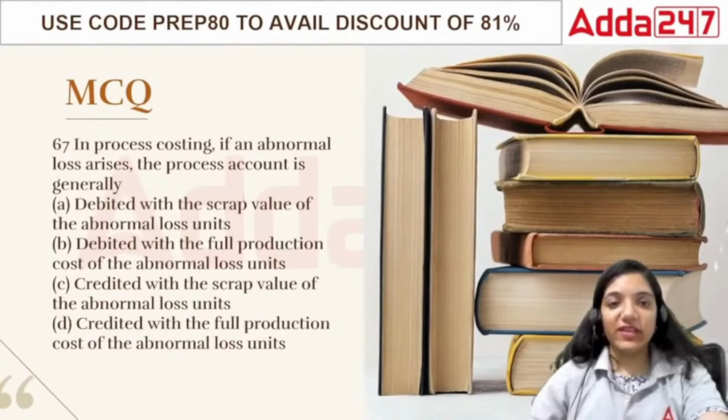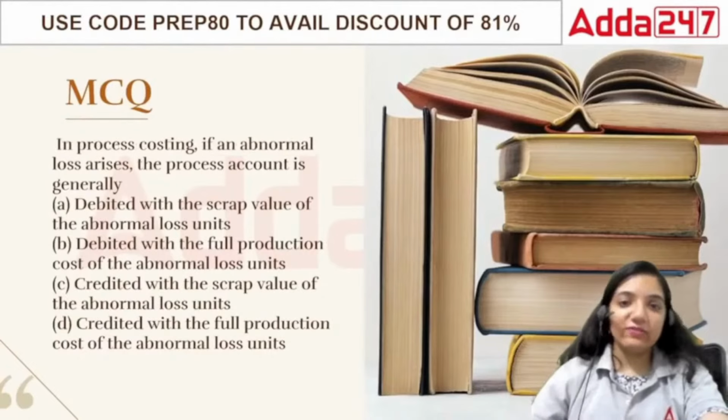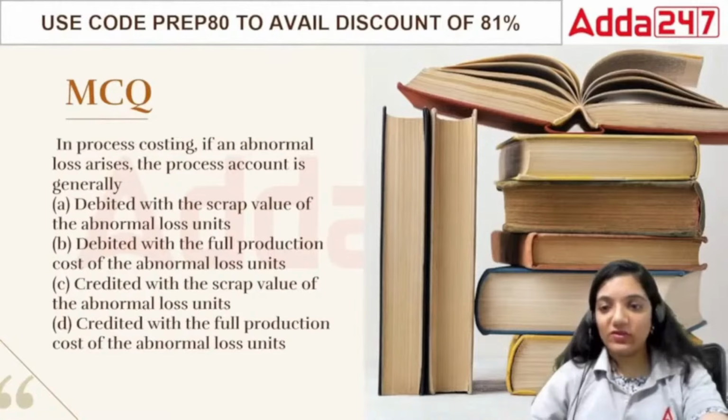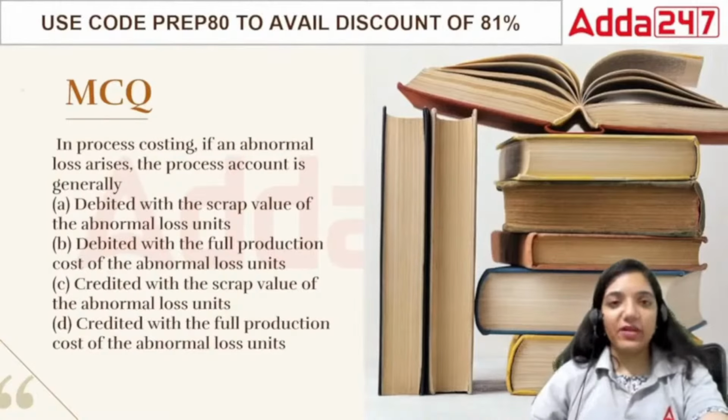Process costing, they say if you have abnormal losses, sometimes the organizations will have normal losses, sometimes they will have abnormal losses. Normal losses happen in terms of, see, if I'm transporting water, there can be spillage, which is very normal.